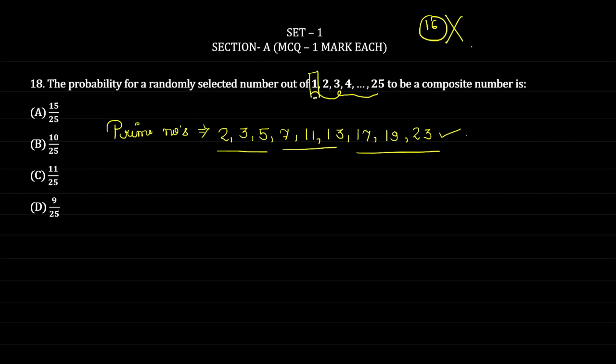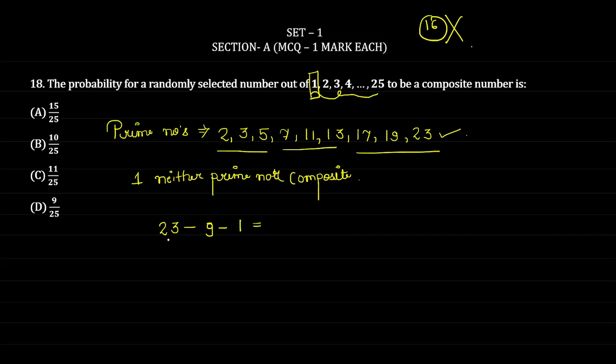See here, most of the students miss this number 1. 1 is neither prime nor composite. Because of this reason, we are going to do 23 minus 9, minus again 1.